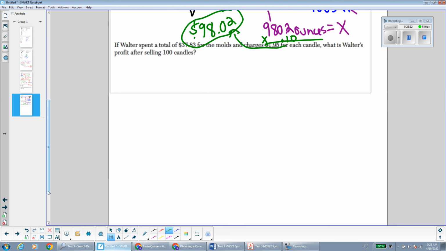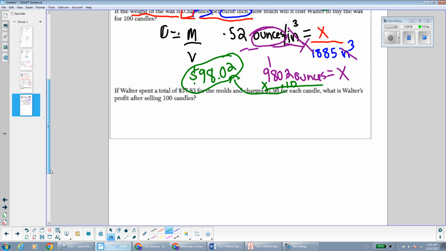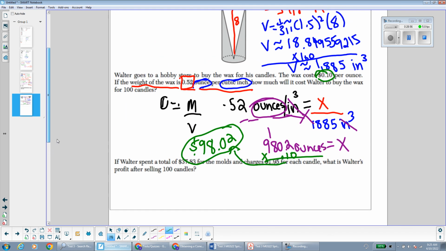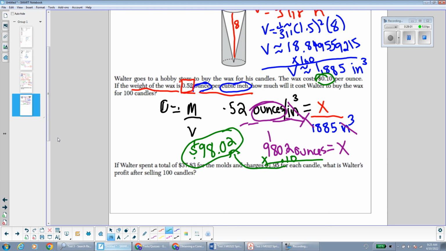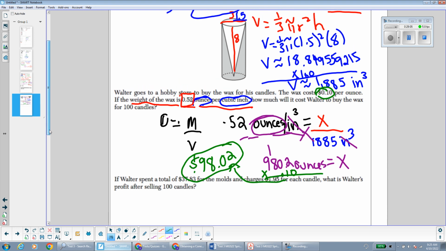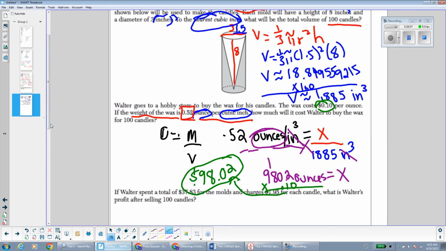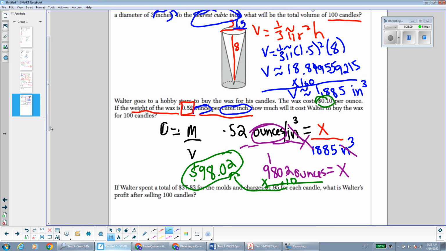Last part, if Walter spent $37.83 for the mold and charges $1.95 for each candle, what is the profit after selling 100 candles? So in order to find profit, we have to take what Walter made and subtract everything that Walter spent. And what's left over is the profit that Walter made.